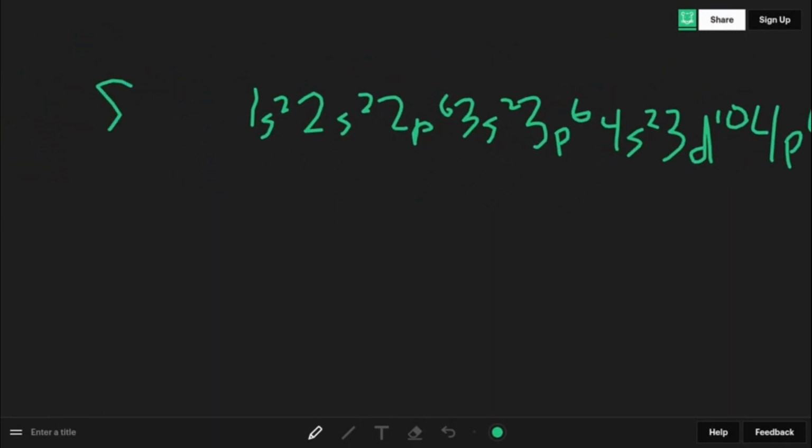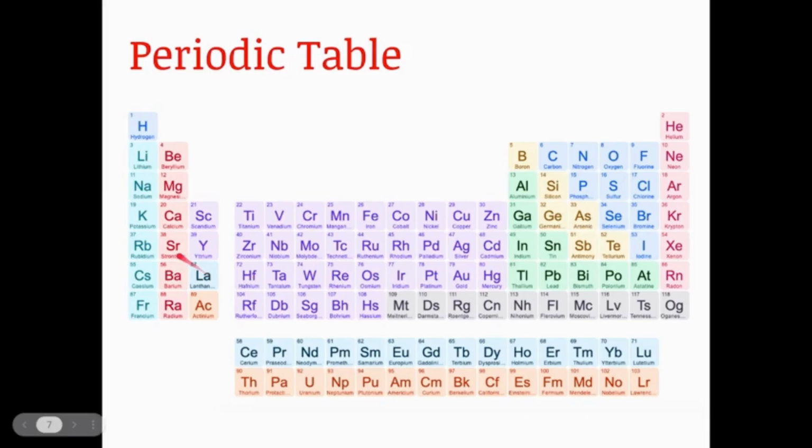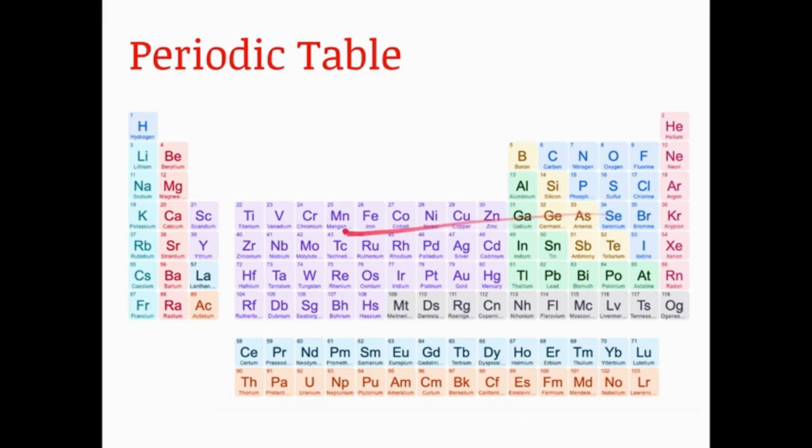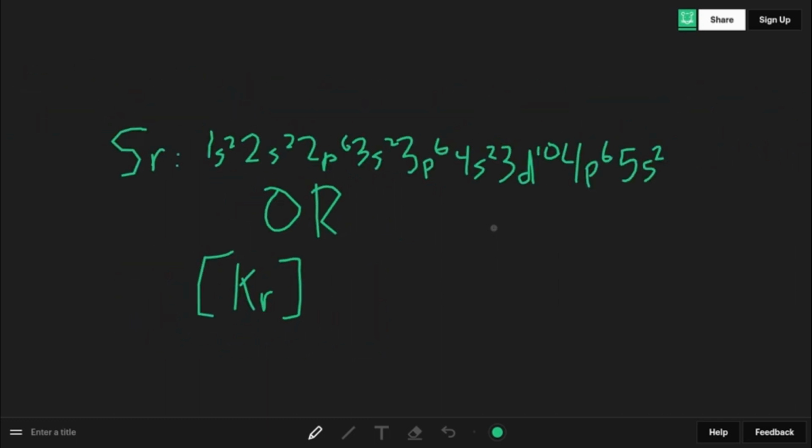However, there is a much easier way to do it. However, to do the easier way, you'll still need to know, it's an easier way to write it, a much shortened way. Another thing that we can write is we take the last noble gas, so in this case krypton, so we're going to write krypton inside of brackets, and then since krypton basically is up till 4p6, we're going to just write 5s2.